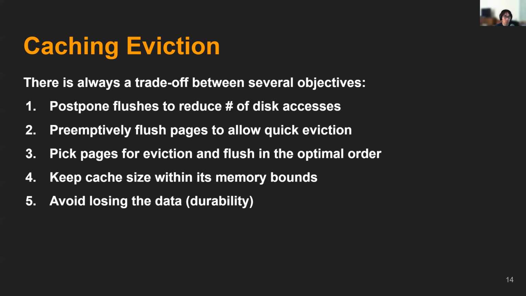I'm not going to read all of them, but the first three objectives are about speeding up your cache eviction, and the last two are related to correctness and durability. So you can't lose durability to make your cache eviction super performant.